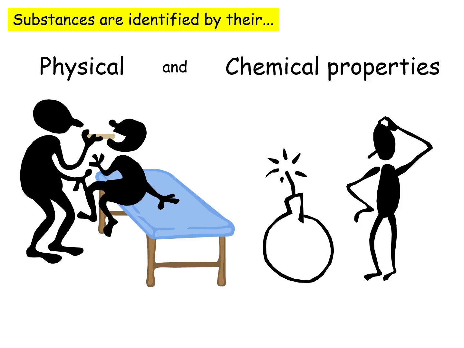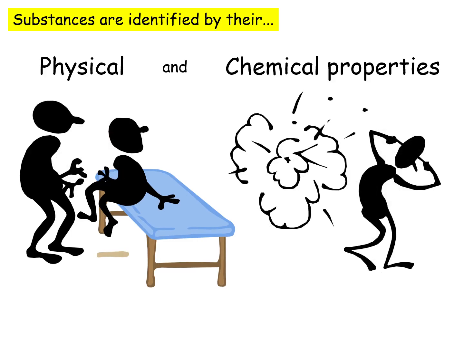Whereas chemical properties, the only way you can find out what a chemical property is, like say, for example, the gunpowder that's inside this little bomb thing that's drawn on the slide, the only way you can find out if it's actually gunpowder is by setting it off. And then once you've set it off, it's no longer gunpowder. Now it's going to be smoke and sulfur compounds and carbon dioxide and carbon monoxide, a mixture of a whole bunch of different things.